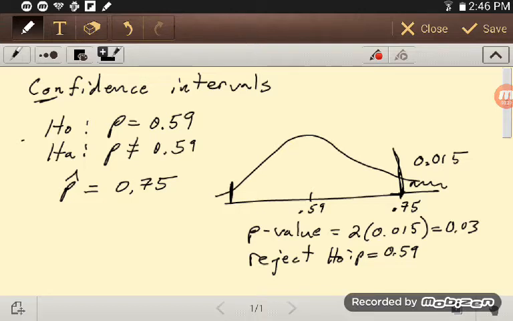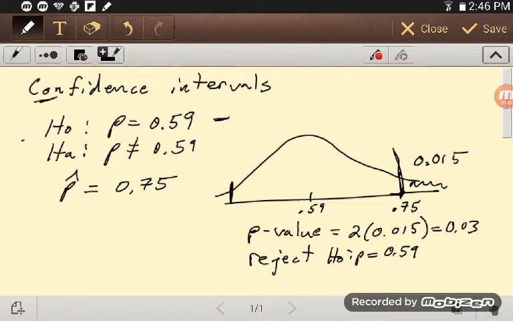So we checked this hypothesis, we got 0.75, and we decide that we don't want to believe that it's 0.59. But you see, that doesn't mean it's 0.75. Okay, what does it mean, or what can we say?